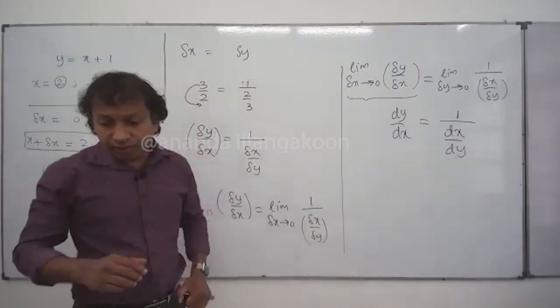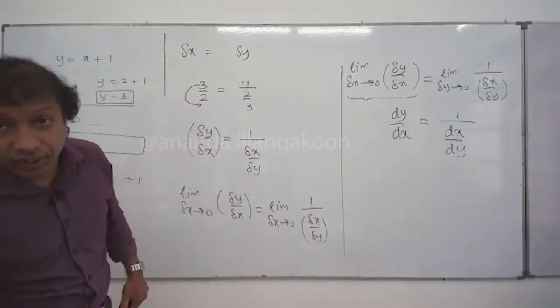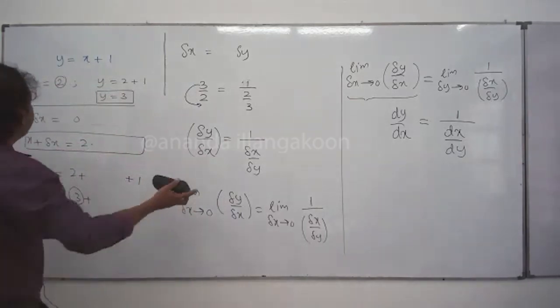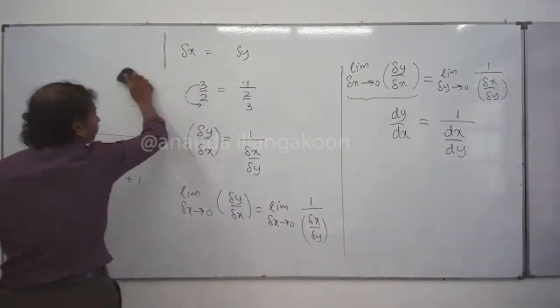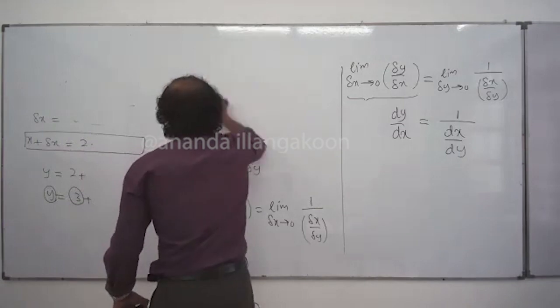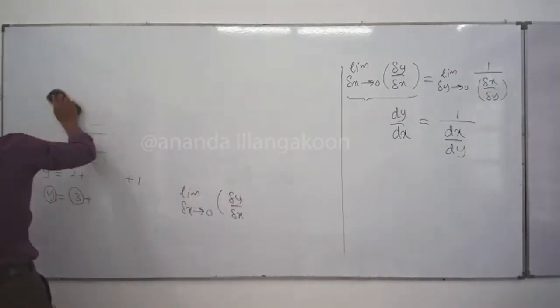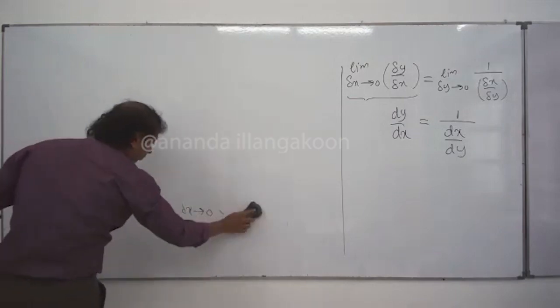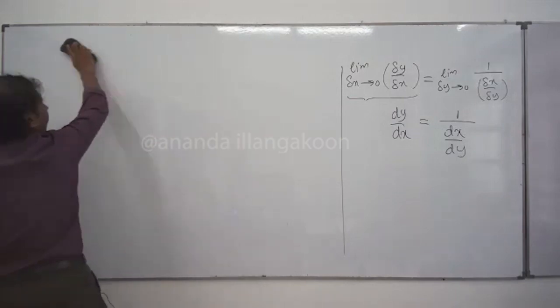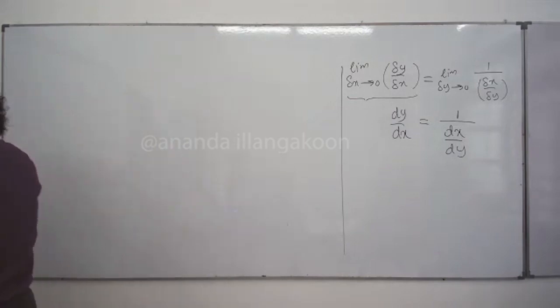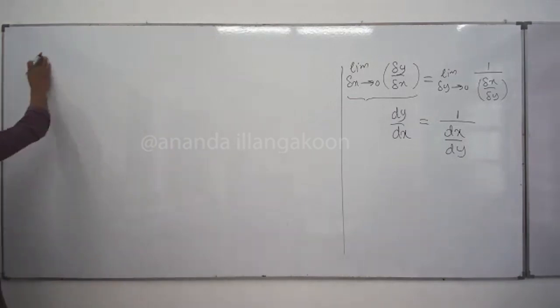I'll explain further the difference between dy by dx and dx upon dy. Now we have to come to the theory part. You can write it like this: write down the heading with a star mark.